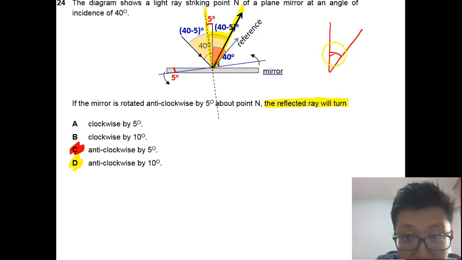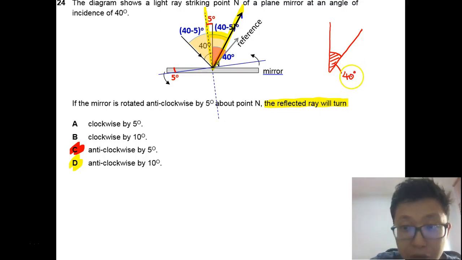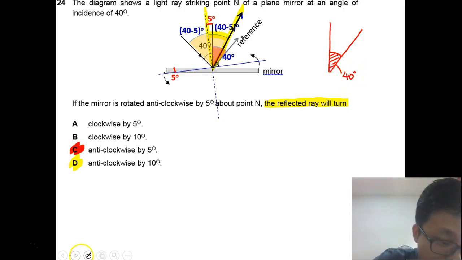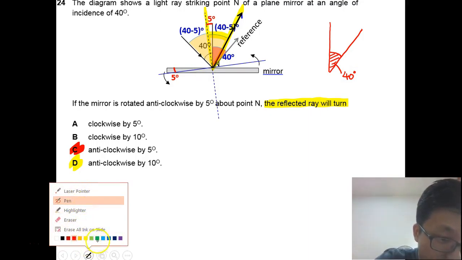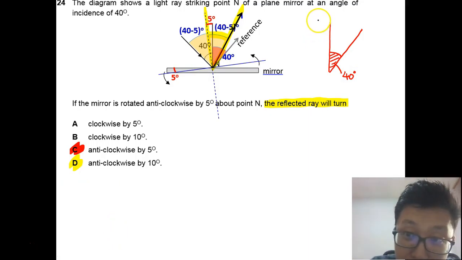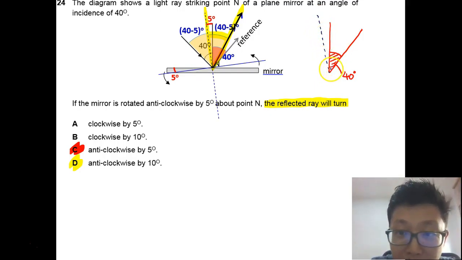This itself is 40 degrees, and then you have your new normal and your new reflected ray.